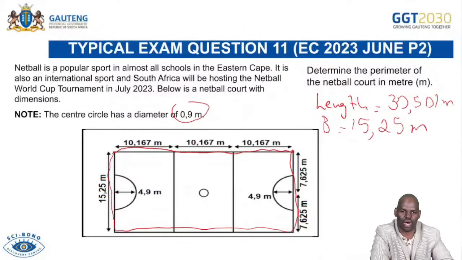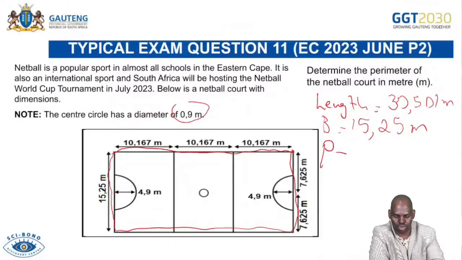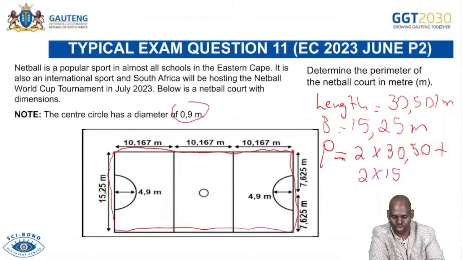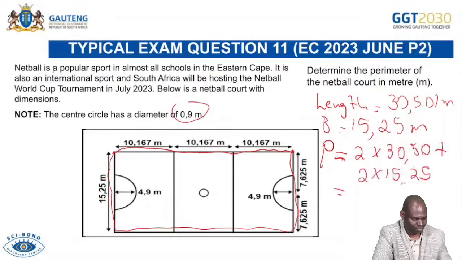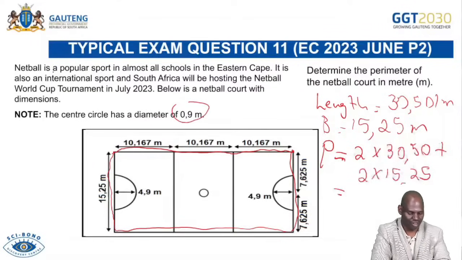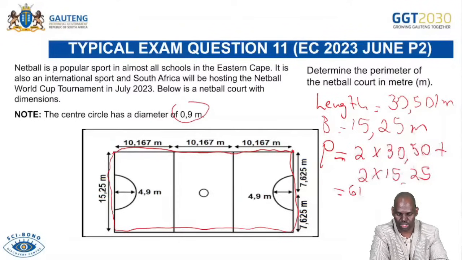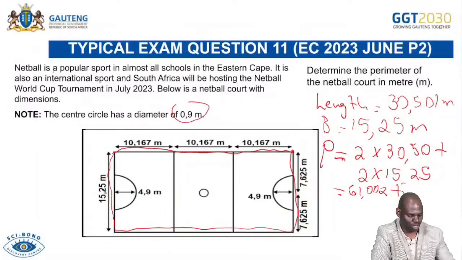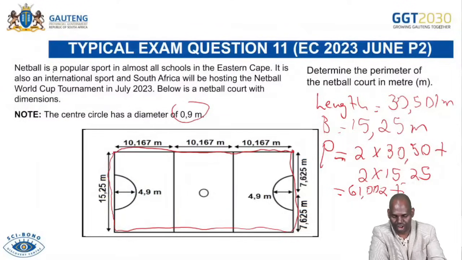Then how do you calculate the perimeter? You have to add the four sides. You can say perimeter is equal to 2 times 30.501 plus 2 times 15.25. Then 2 times 30.501, I get 61.002, then plus, if I take 15.25 and multiply by 2, I get 30.5.